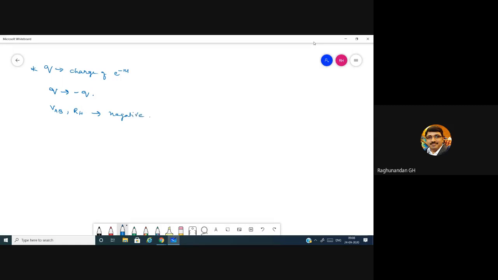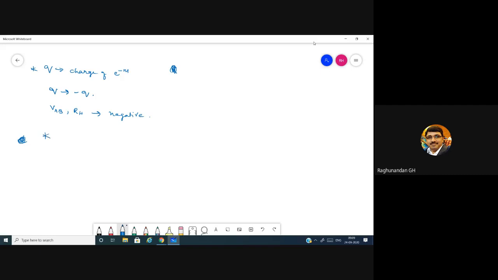And don't think that if R comes, it is resistance. RH is the Hall coefficient, just like the temperature coefficient alpha that you have studied. Similarly, this is the Hall coefficient. It can be negative also. Don't get confused that R means resistance. How can resistance be negative? It is not resistance, it is the coefficient, the Hall coefficient. So Q becomes minus Q, VAB becomes negative, RH becomes negative. This is one thing you should change.